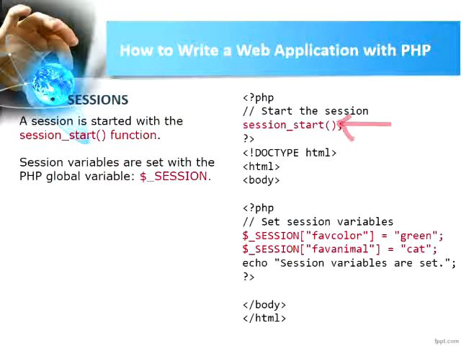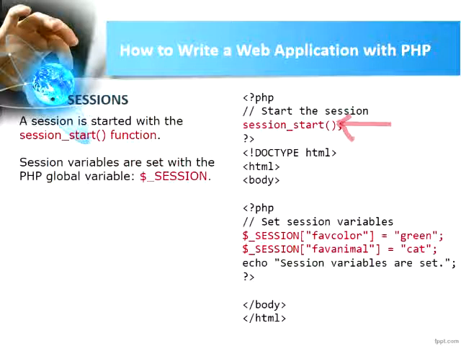Okay, and session variables are set with the PHP global variable $_SESSION. So $_SESSION favcolor equal green, for example. $_SESSION favanimal equal cat. What's the meaning of $_SESSION favcolor equal green?